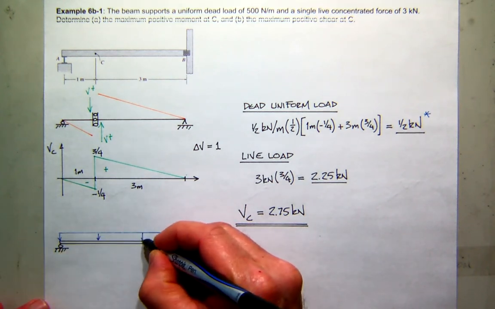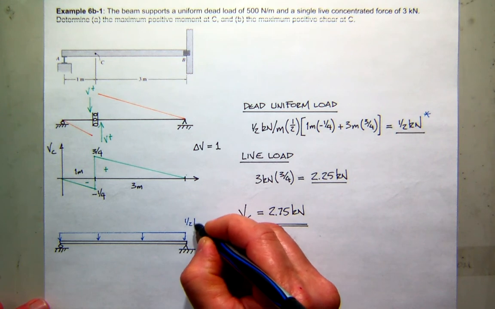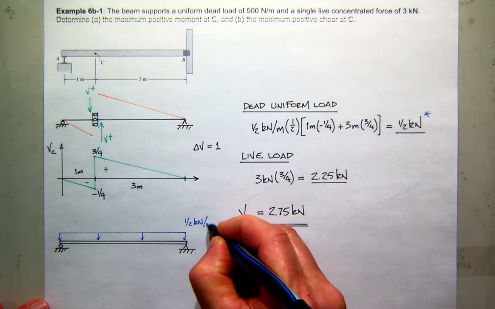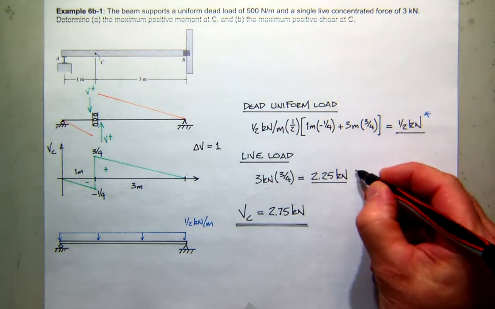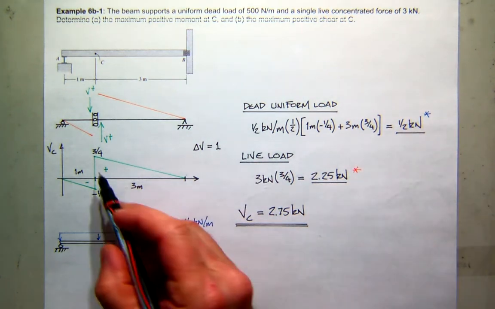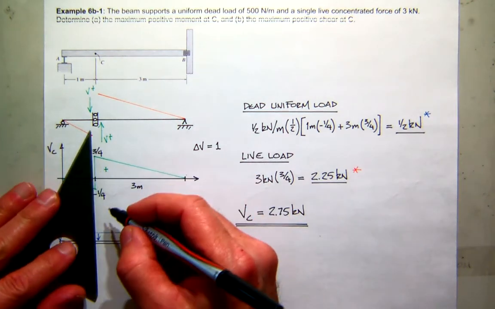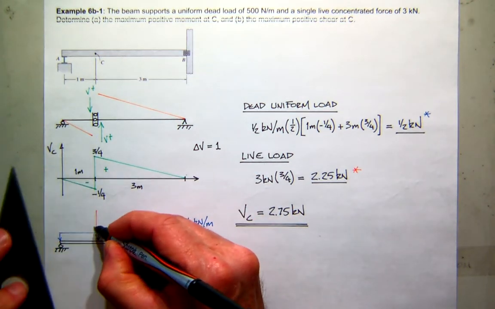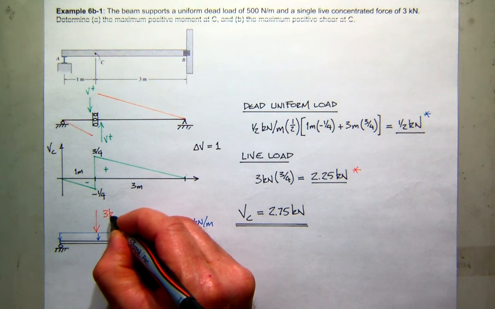Acting down, and that has an intensity of 1/2 kilonewton per meter. And then where do I put my concentrated load? Actually, it's just to the right of C, but you really can't visualize that too well, so I'll just put it there. And that would be 3 kilonewtons.